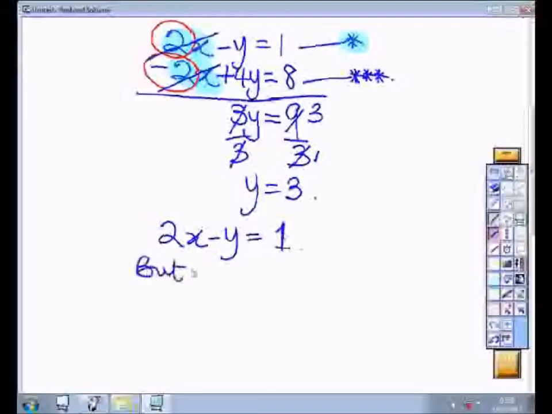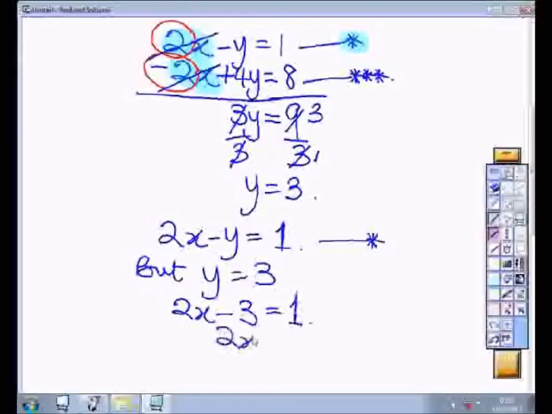Now, but we know that y is equal to 3. We have just obtained that. So we substitute into equation star to get 2x minus y, or y is 3 now, is equal to 1.